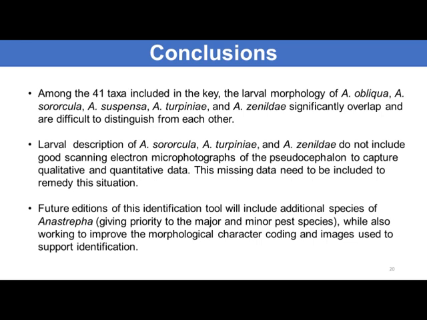The problem is that for some of these species, the larvae have only partial descriptions, or in the publication we don't have good SEM images to look at the characters and capture the data.